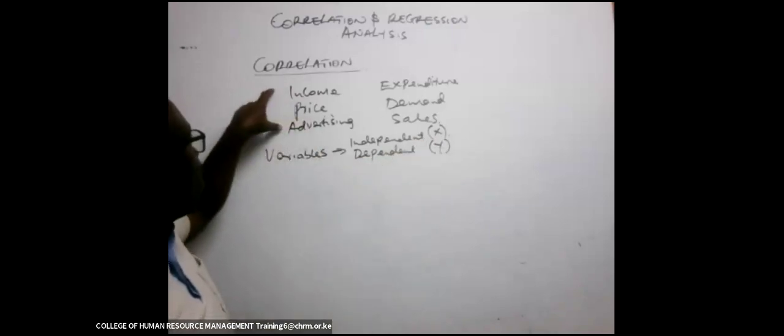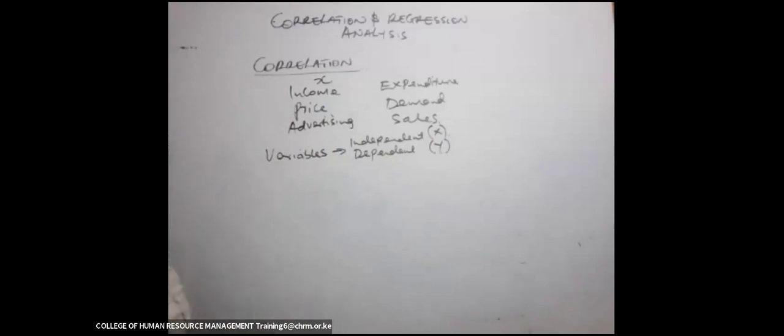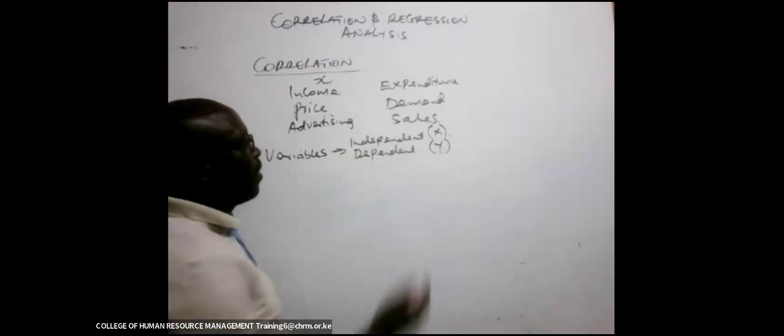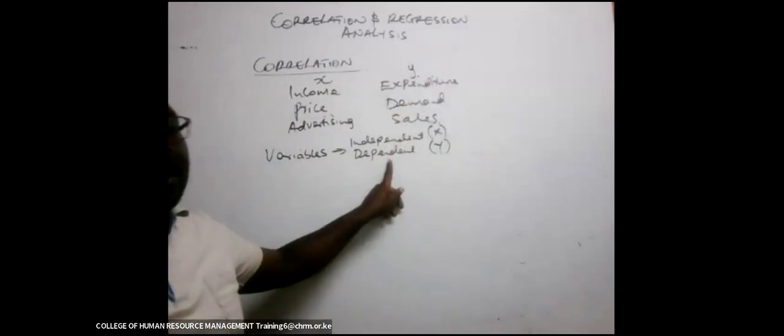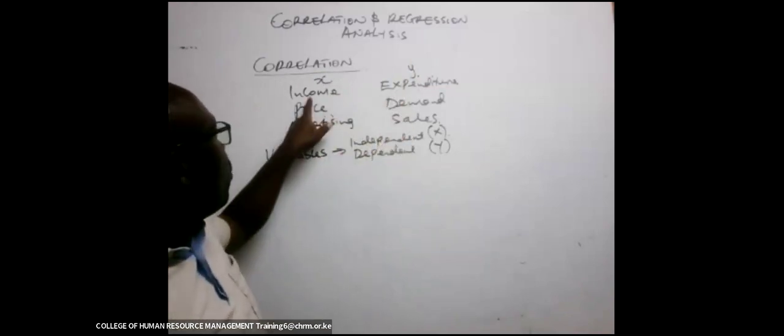In this case, for example, income, price, and advertising will be our X, the independent. Once these X values are adjusted, they will cause an impact to the Y, which is the dependent variable. In simple terms, these variables depend on this.